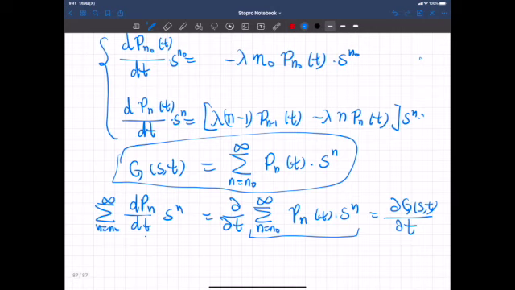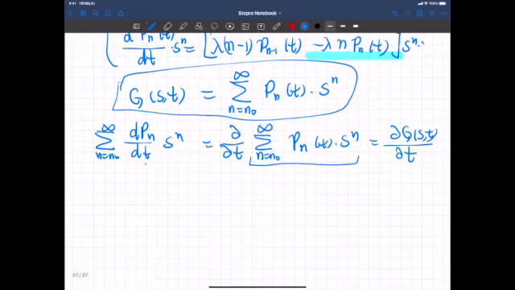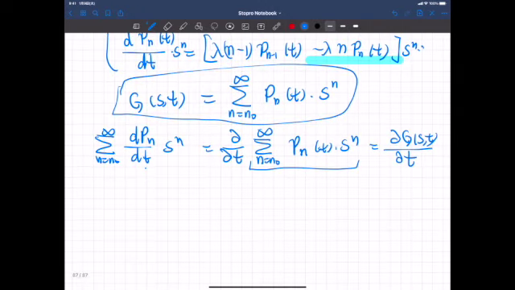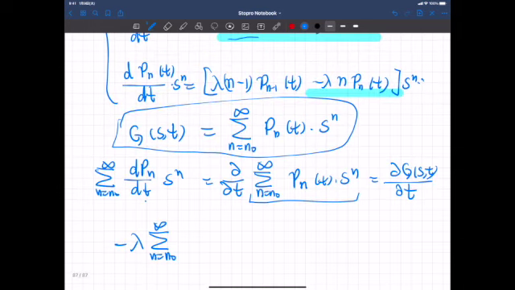And for the right hand side, let's see. First, let's look at those terms with this negative sign. Okay, so that will be negative lambda sum from n equal to n0 to infinity, n Pn of t s to the power of n.